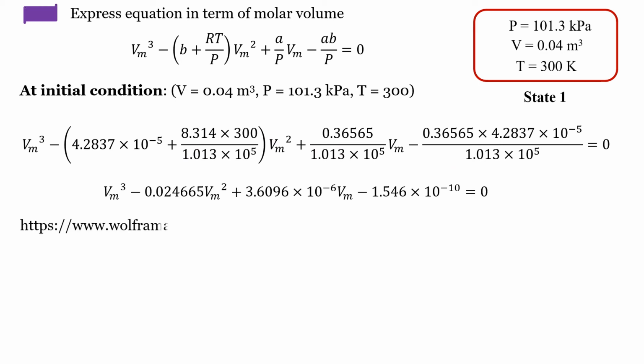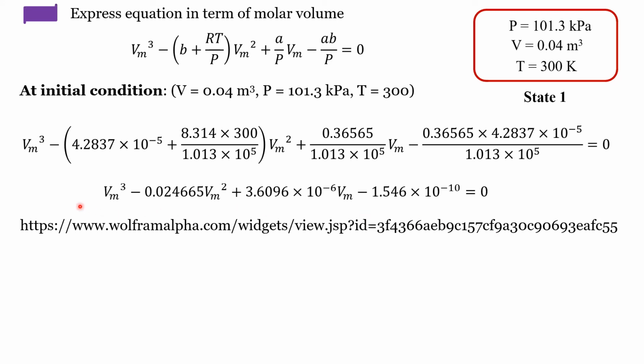So again, using this website, we will put in the coefficients of Vm cube, Vm square, Vm, and the constant. After putting in all coefficients, we will get three different values.